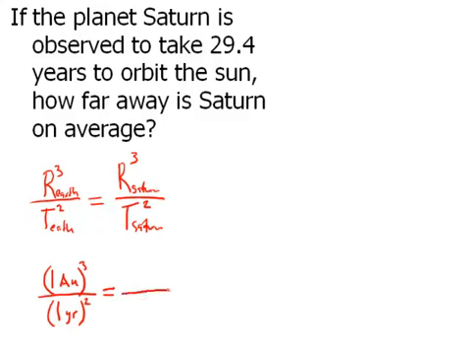So, on this side, Saturn's time period is 29.4 years, and that's squared. And so our answer will be in astronomical units. And we can solve this proportion by cross-multiplying.